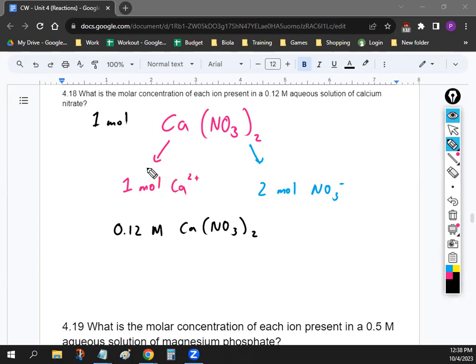We just talked about how for every 1 mole of calcium nitrate, you get 1 mole of the calcium ion, right? So if you have 0.12 molarity, what's going to be the molarity of just the calcium ion?